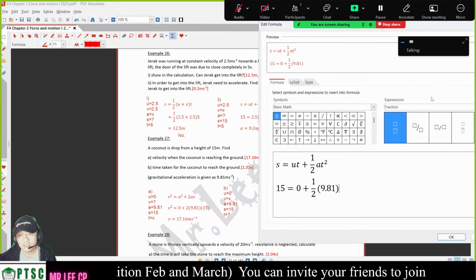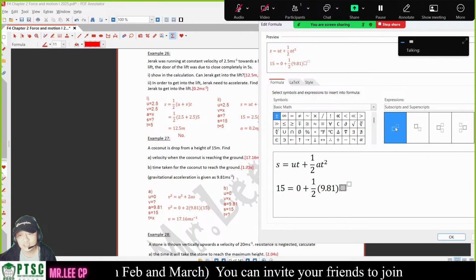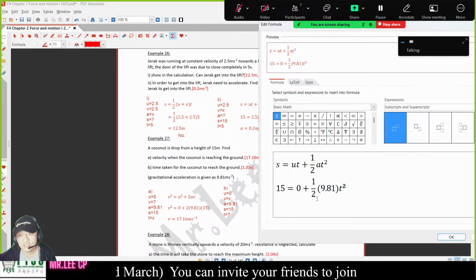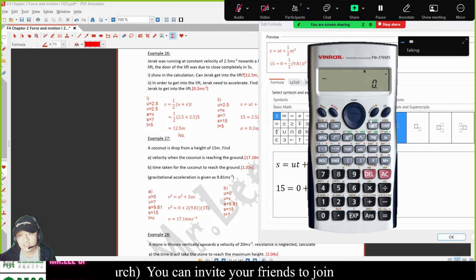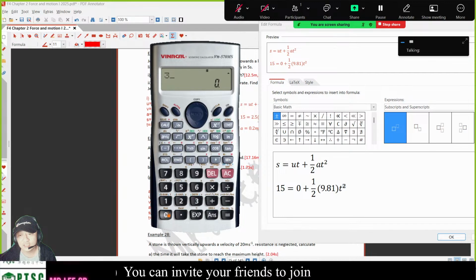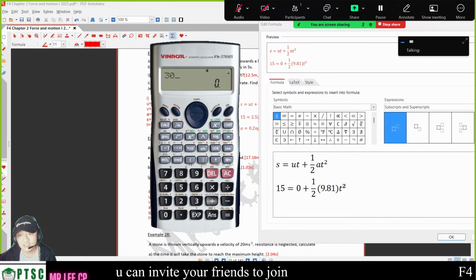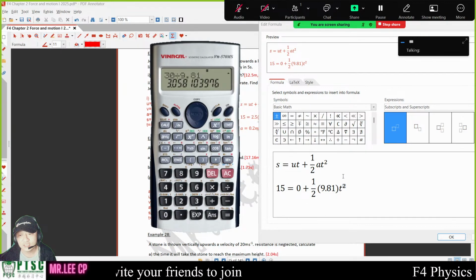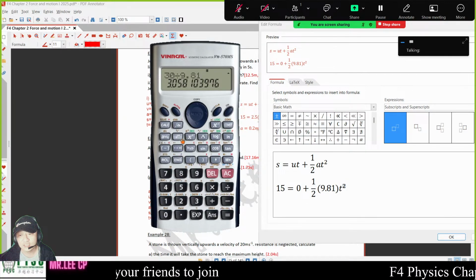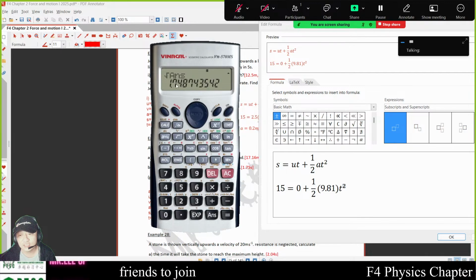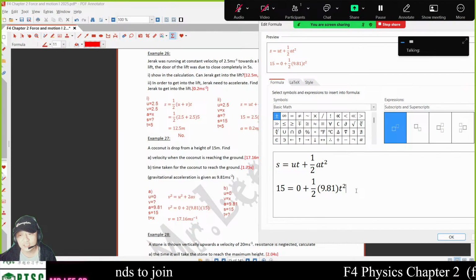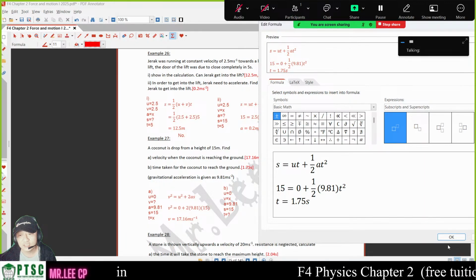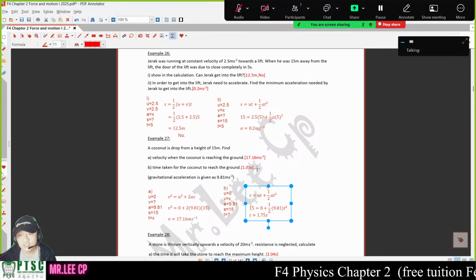And then T squared. So this 0, no need to bother. 2 comes to here, becomes times. 15 times 2, 30. And then 9.81 comes to here, becomes divide. Divide by 9.81. Left T squared. So you want to find T, then you square root. 1.75. So T is equal to 1.75 seconds.